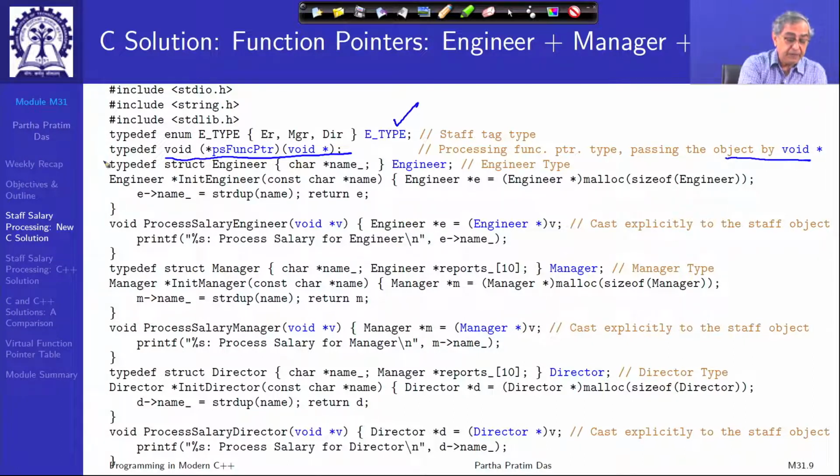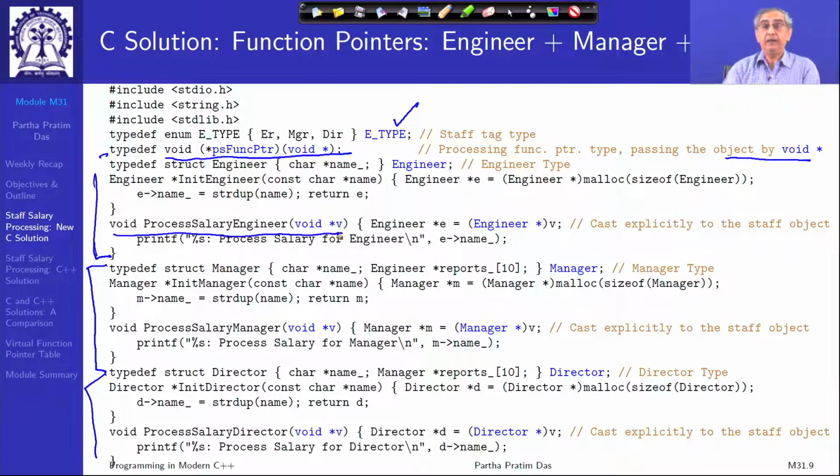Then we have specific types for engineer, for manager and for director. The only point to note is that when I come to processing for engineer, my parameter type is not engineer star, it is void star, because I want to unify all of them in this function pointer type.